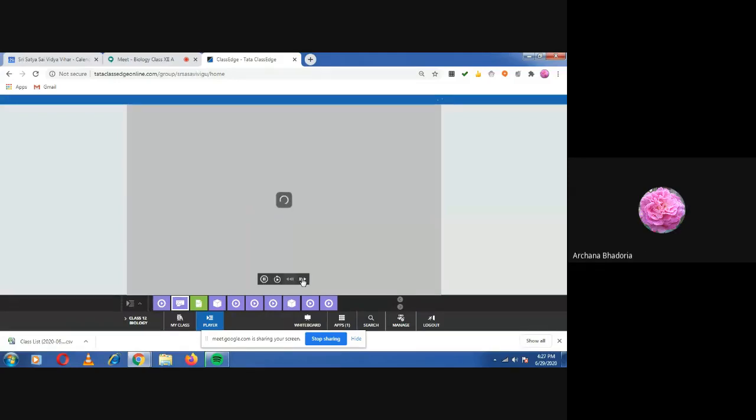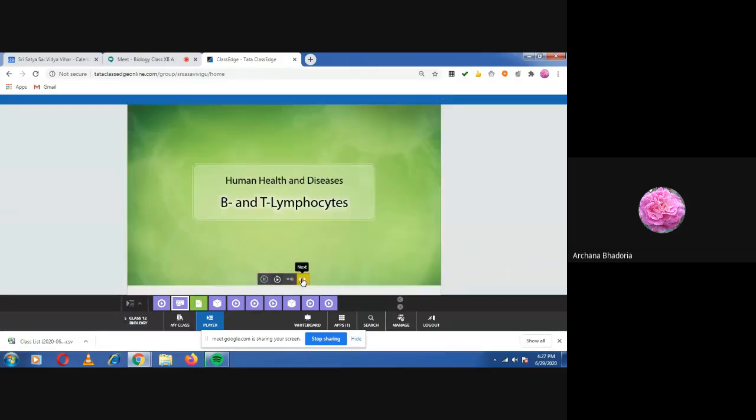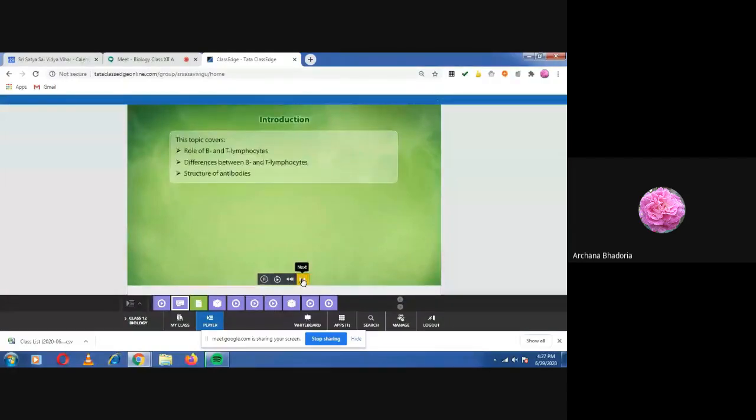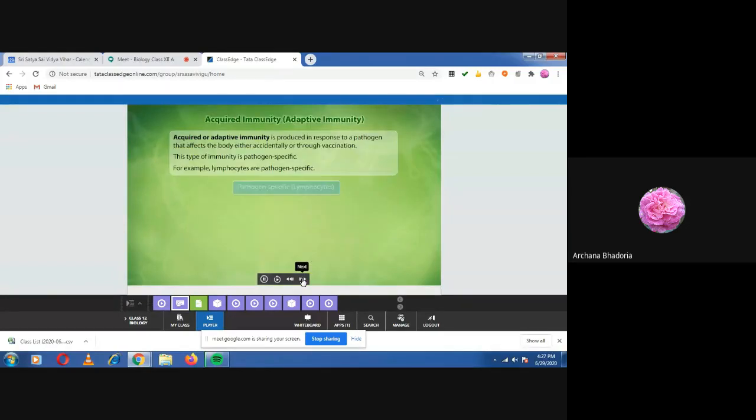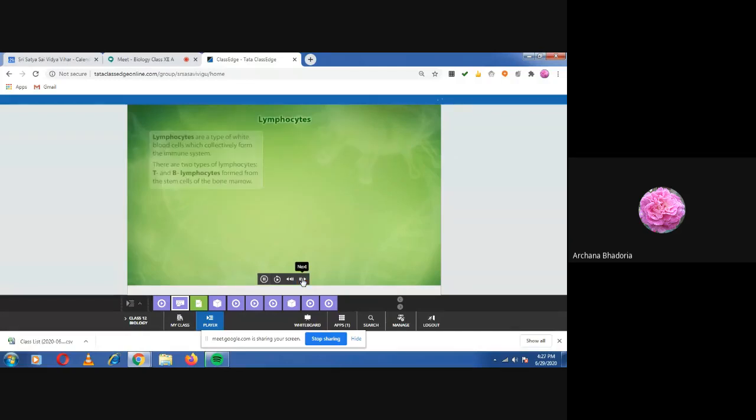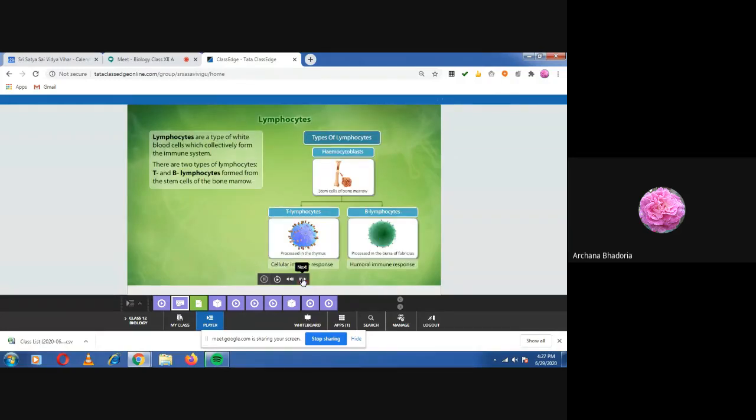So H1, did you get that? Did you all read in that book? B lymphocytes and T lymphocytes. Let you try to see this. Okay, this all we have done, the active and passive one, pathogen specific. Lymphocytes, this we have discussed already.